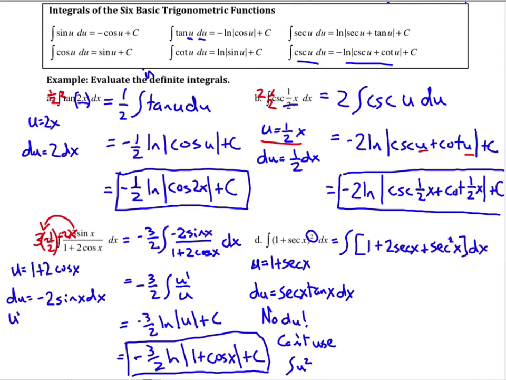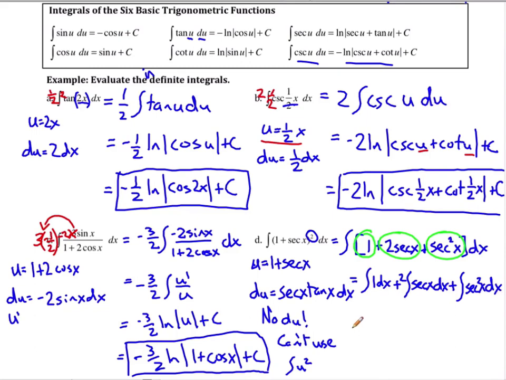And now what we can do is evaluate each one of these integrals separately. So we do have the integral of 1 dx plus the integral, and we'll take a 2 on the outside here, of secant x dx plus the integral of secant squared x dx.